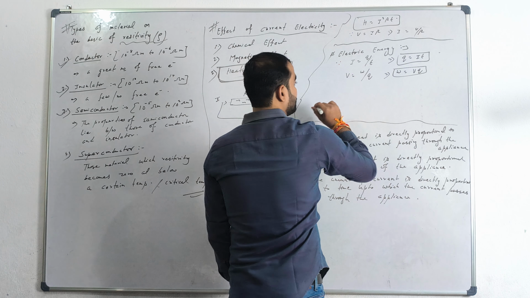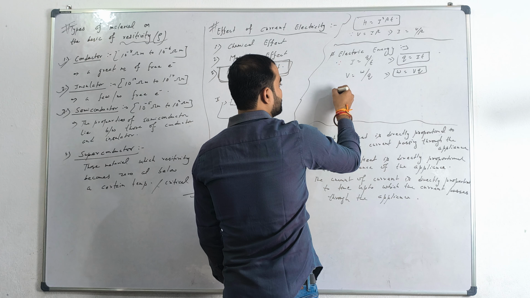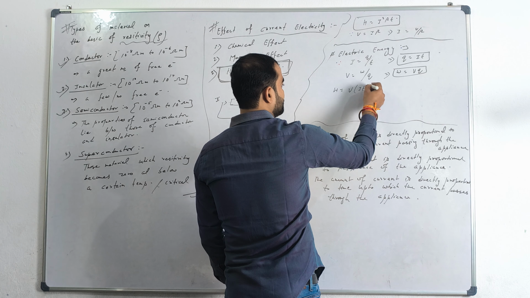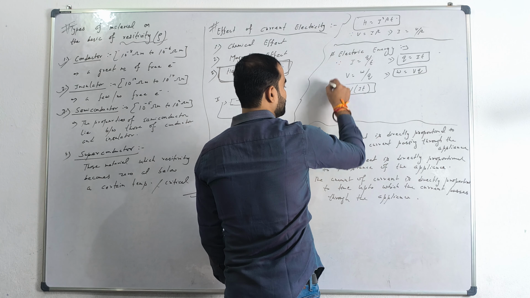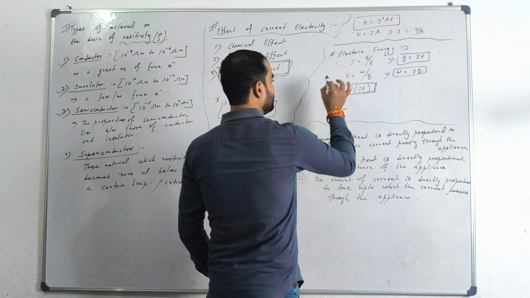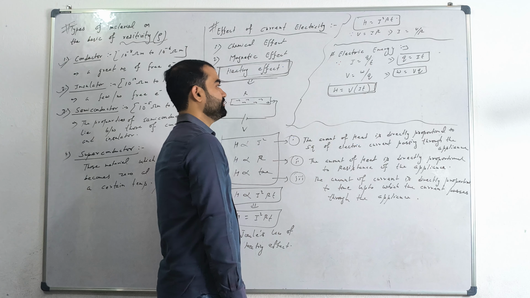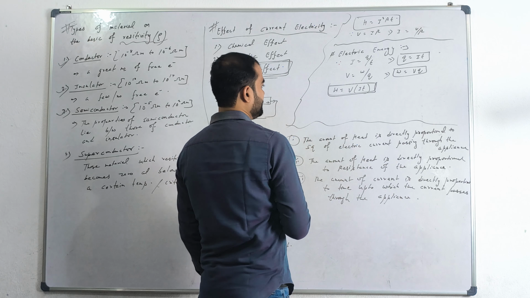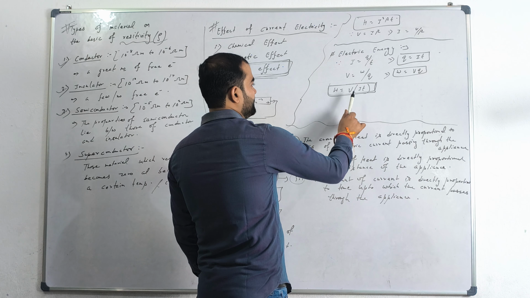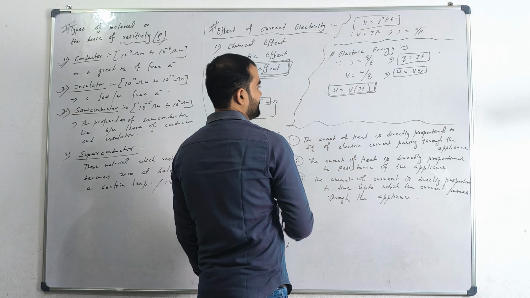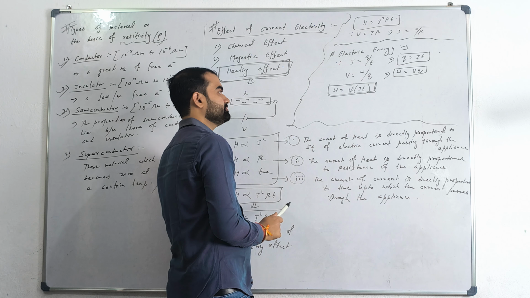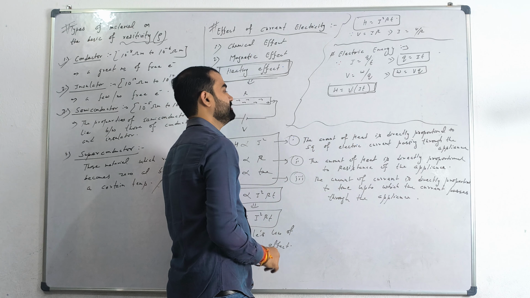In these two mathematical representations, W equal to VQ and Q equal to IT, we get W equal to VIT. Here we get the formula W equal to VIT. That means the amount of work done when electric current I flows through a circuit after applying a potential difference of V up to time T.